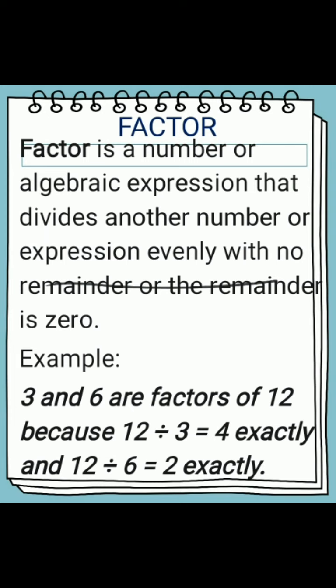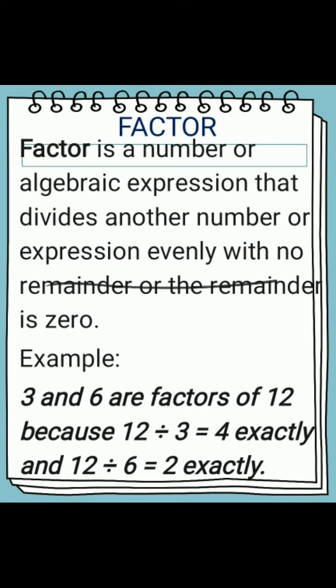Kung saan kapag dinivide natin yung 12 sa 3, that is 4, sakto, walang remainder. The same, 6 is also a factor of 12 because when we divide 12 by 6, the quotient is 2, eksakto yung sagot, walang remainder.